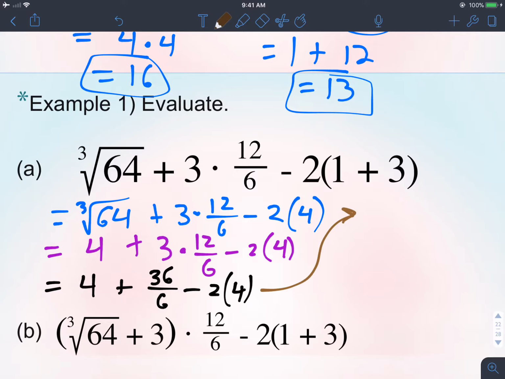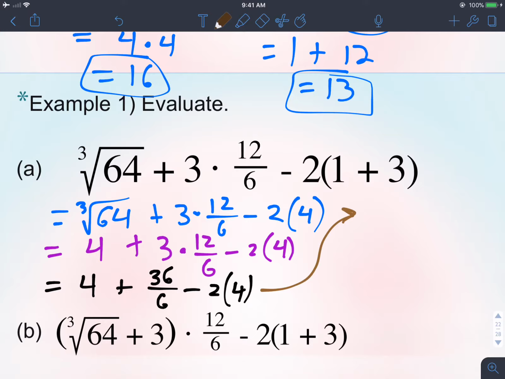You can do the division, or you can do the multiplication. 36 divided by 6. 6, right.